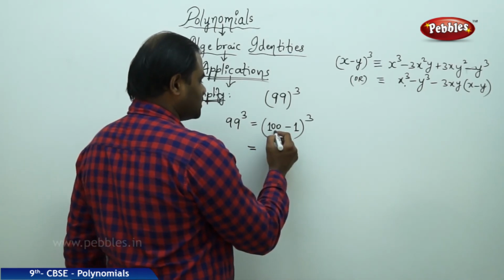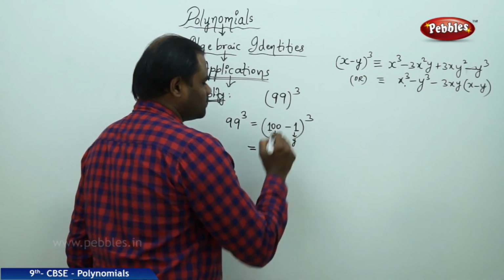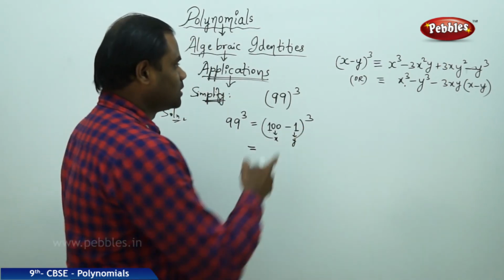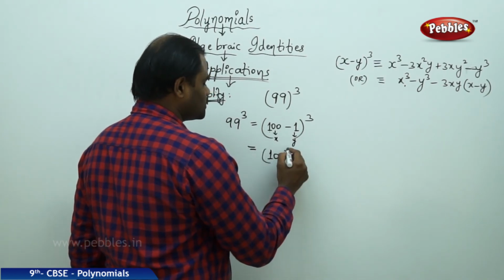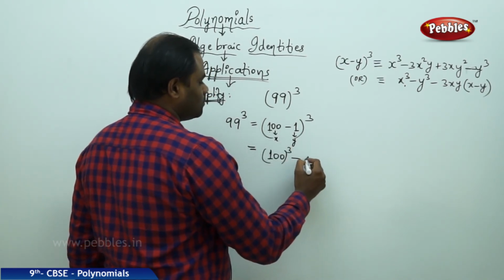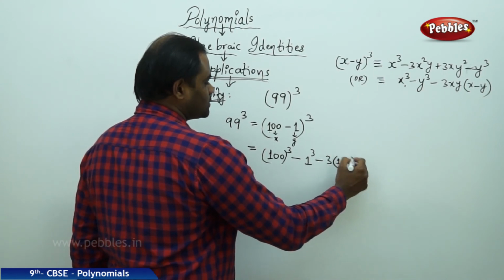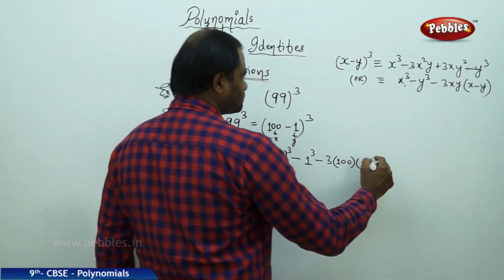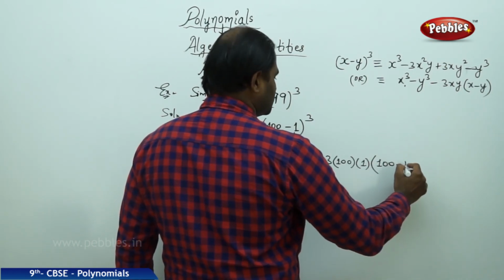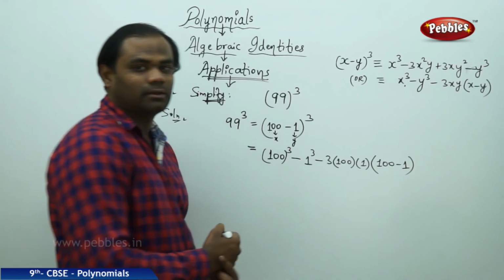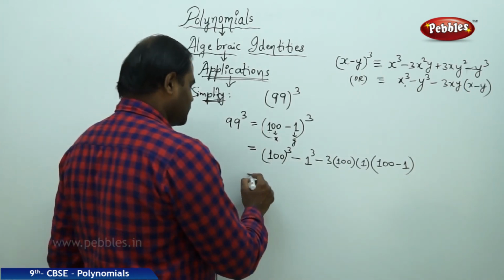So I treat 100 as x and I treat 1 as y, so that this gets reduced to x cube, which is 100 cube, minus 1 cube, minus 3xy into x minus y, is what we get when we expand the given expression.